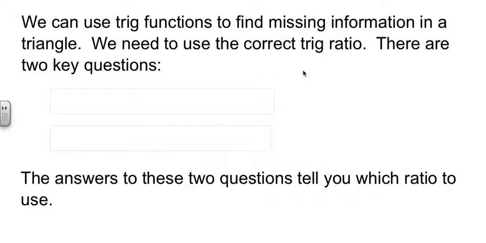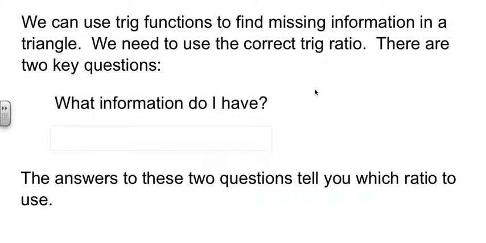So what are these trig ratios usable for? The idea is we can use these ratios to find information that's missing in a triangle. And there's two key questions you need to answer to know which one of the ratios you need to use. And the two questions are, what information do I have?